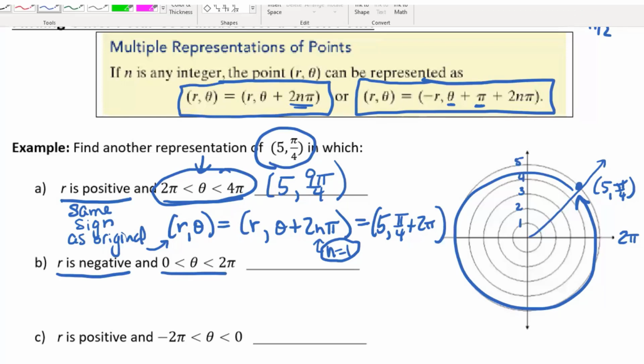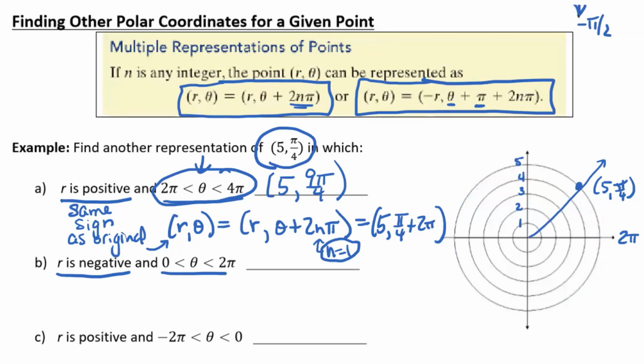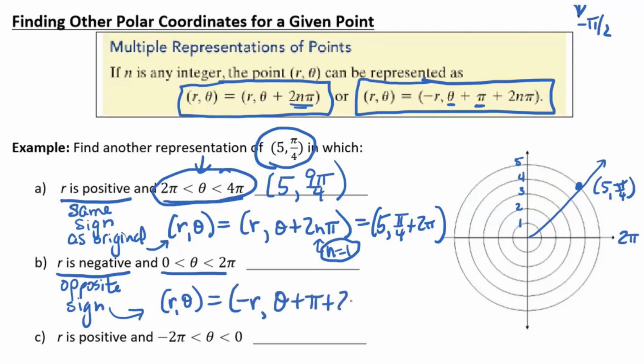All right, what if we wanted r to be negative and theta to be between 0 and 2 pi? Okay, if r is negative, then we want the opposite sign of what we started with. So we're going to use the other rule: (r, theta) is equal to (the opposite of r, theta plus pi plus 2n pi). So that's going to be -5, and then we just have to figure out the appropriate n, how many times we want to go around.